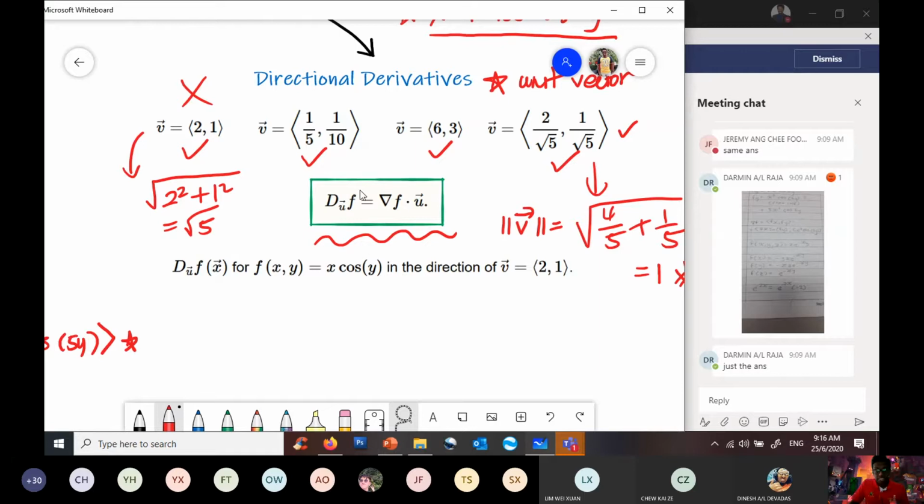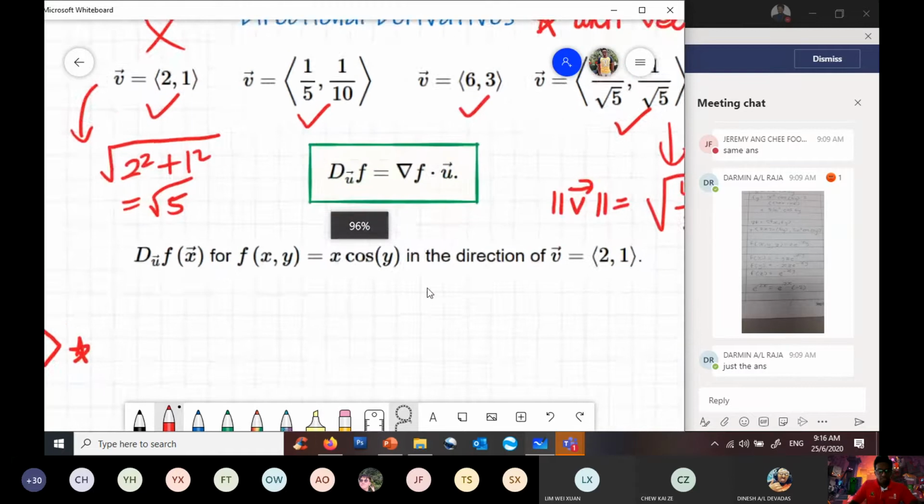So this is the derivative where both x and y change, but in what pattern? It changes in the pattern of my unit vector, in this case (2, 1), x twice as the value of y. So whenever you hear the words find the directional derivative in the direction of whatever vector they give, this is the formula. I'm going to give you one example now.